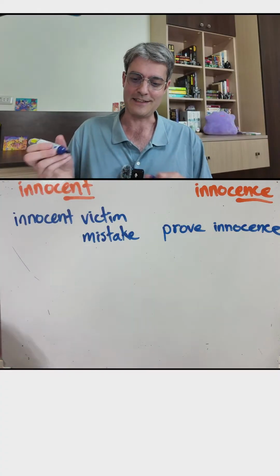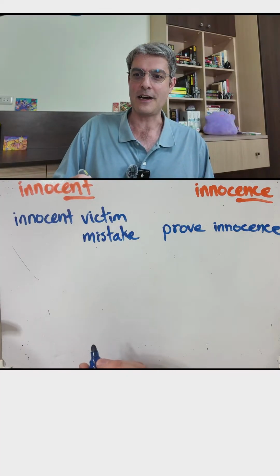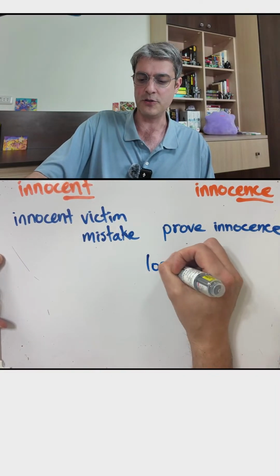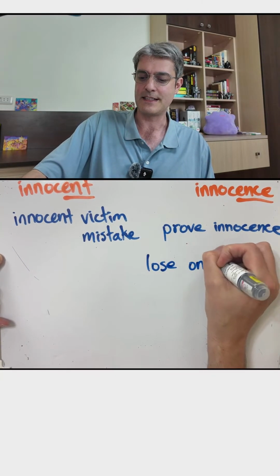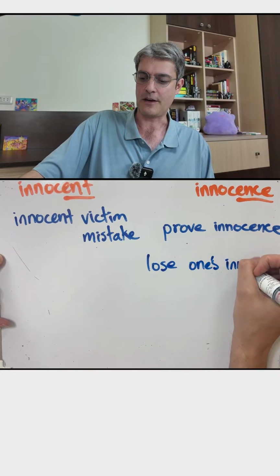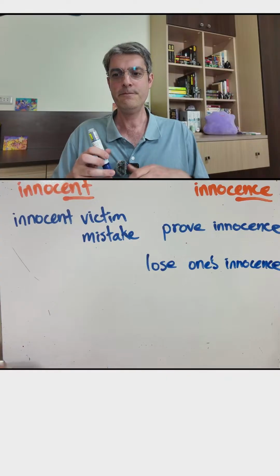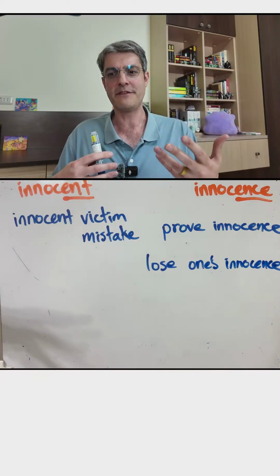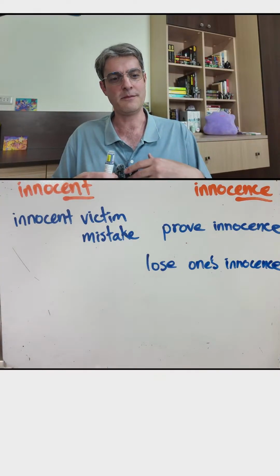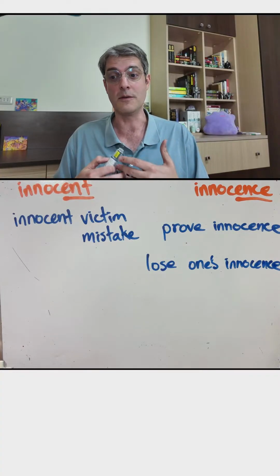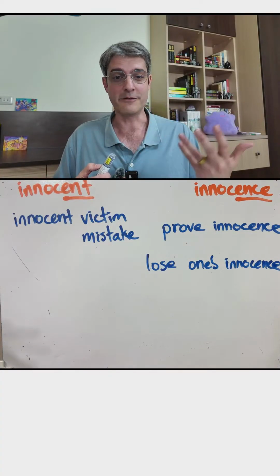You prove your innocence. Another one is to lose one's innocence. All right, and this one's a little more complicated. This means that someone comes of age and goes from being a naive child to someone having a more mature understanding of reality.